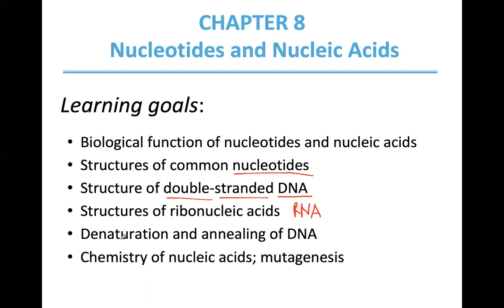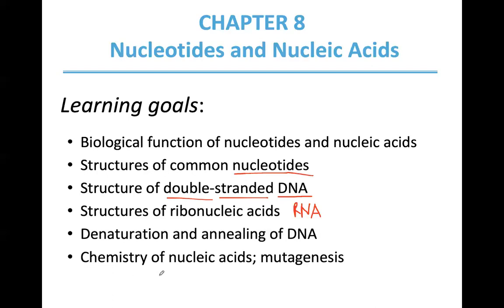The same is the situation when the proteins have to be synthesized, right? The genes have to be read through by separating the two strands and using each strand to convey the genetic information. And we'll talk about the chemistry of nucleic acids.